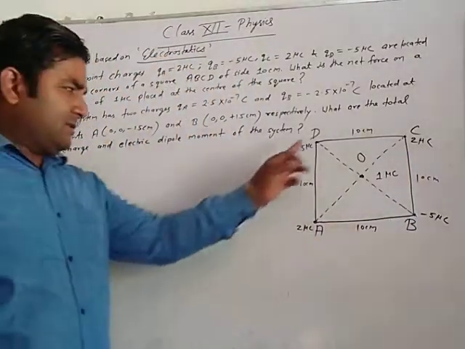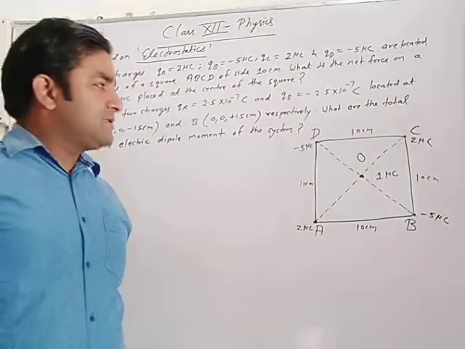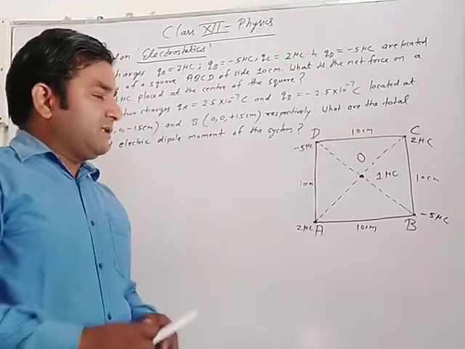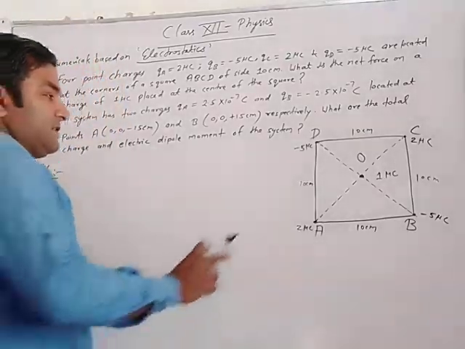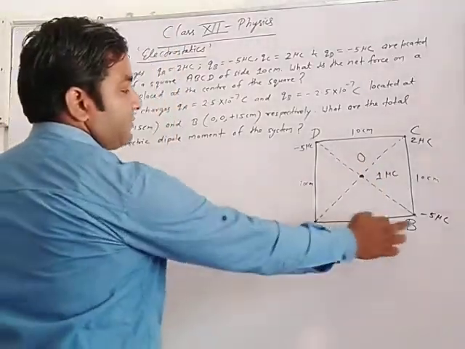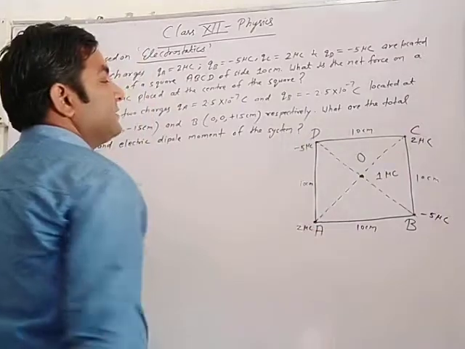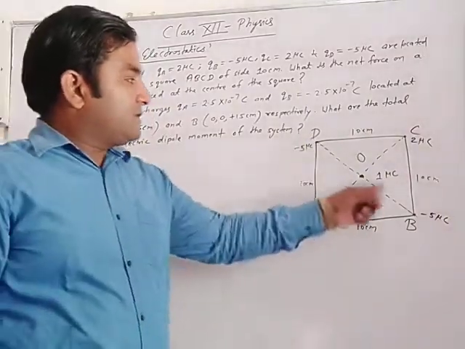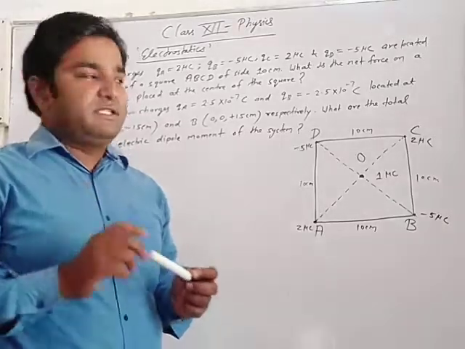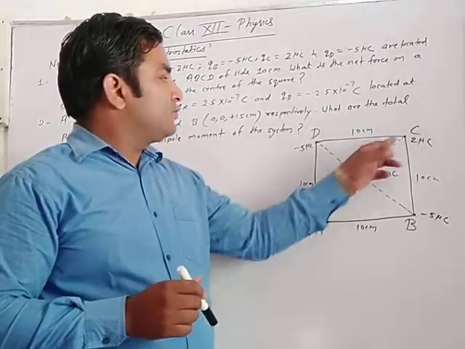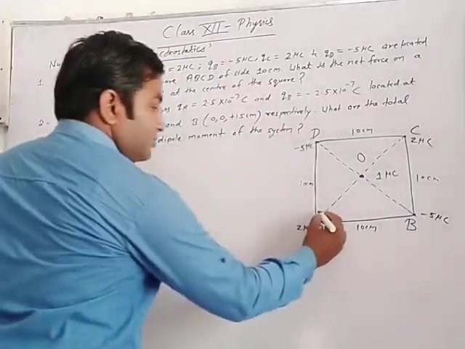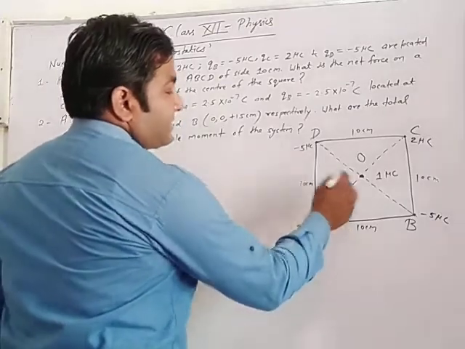In this numerical, the mathematical portion is very little, but you have to use some mathematical concepts, like the distance calculation of this charge from point A, point B, point C or point D, because we know that the diagonals of a square are equal, and whenever they intersect each other, they bisect each other. It means OA is equal to OB is equal to OC is equal to OD. All lengths are equal, so we have to calculate only one length. And we also know that in a square, all angles are 90 degrees.